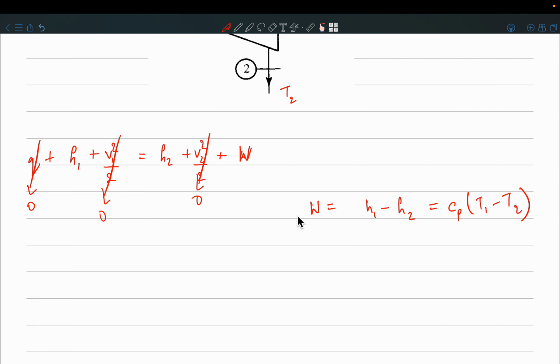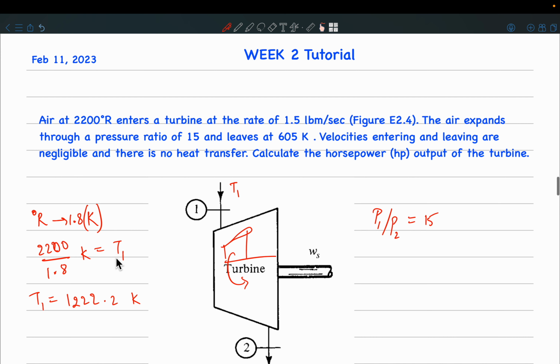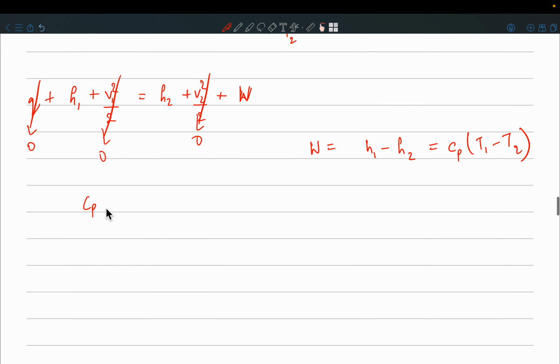No, I think I'll just do one thing. I'll give you Cp in the units which is used here, which is pounds. So in the FPS units, Cp is 0.24.